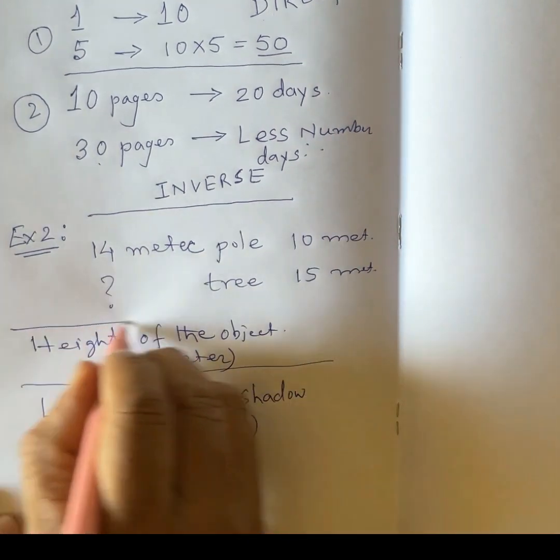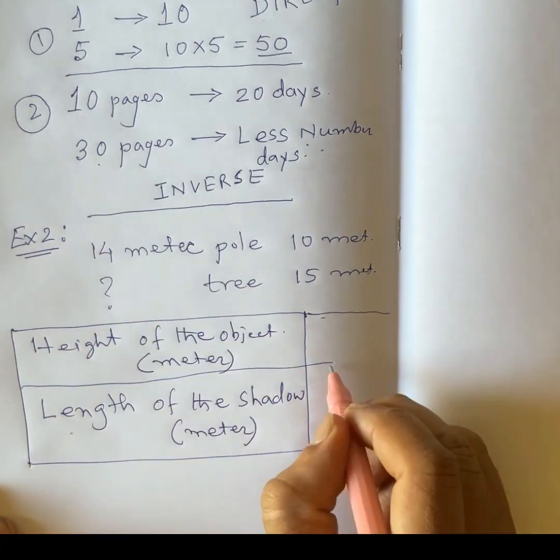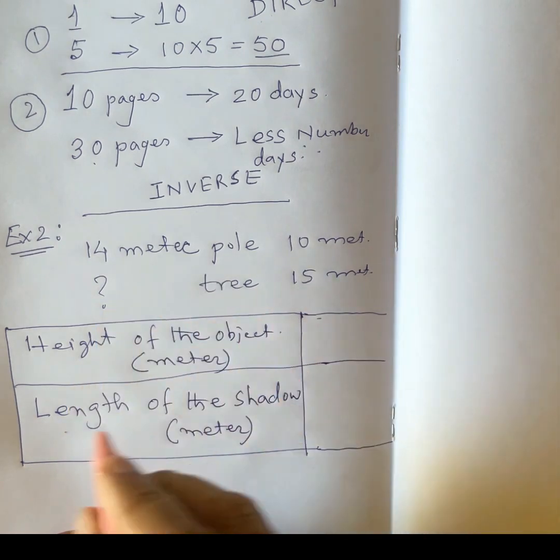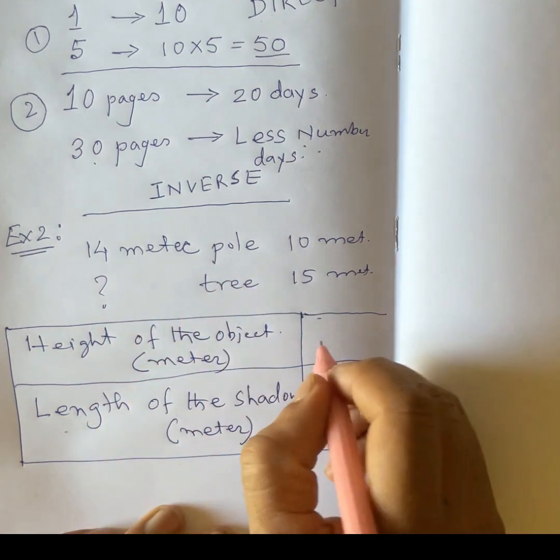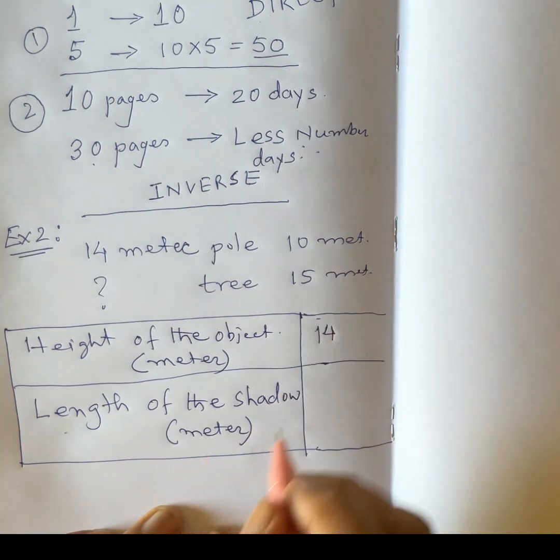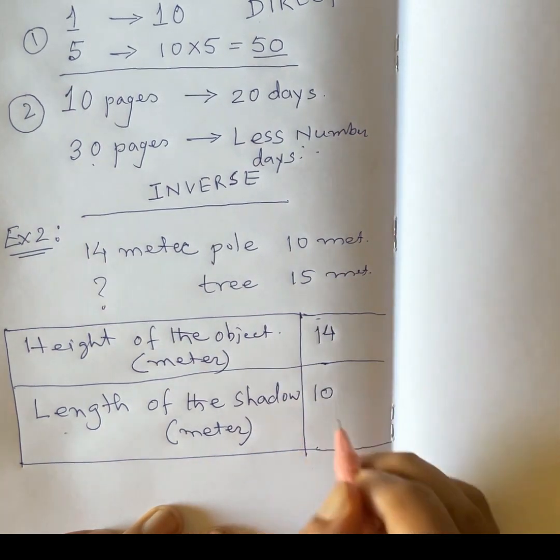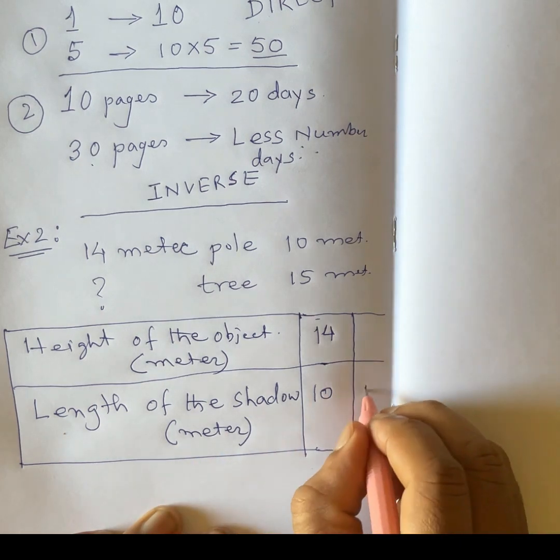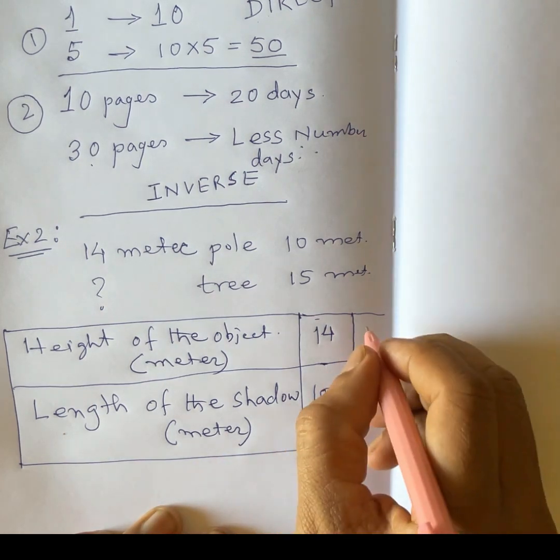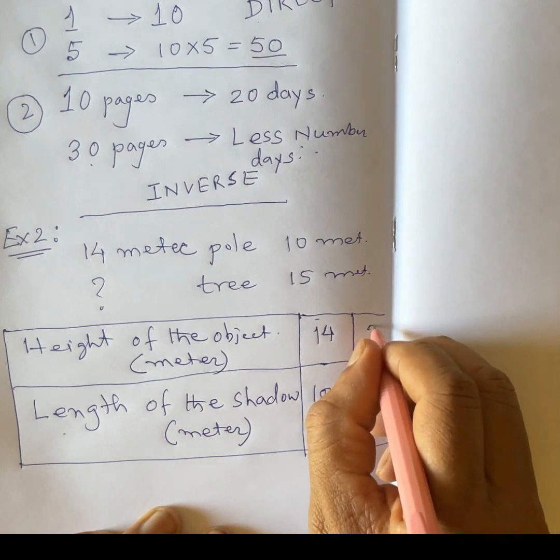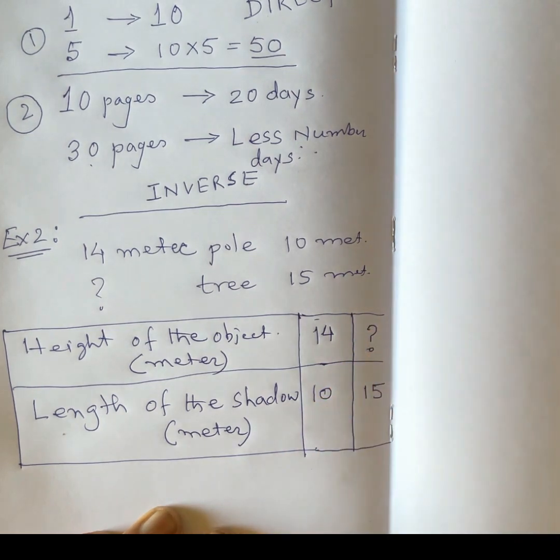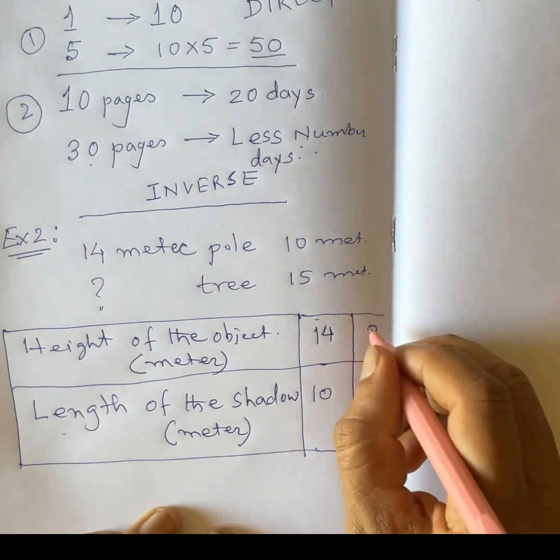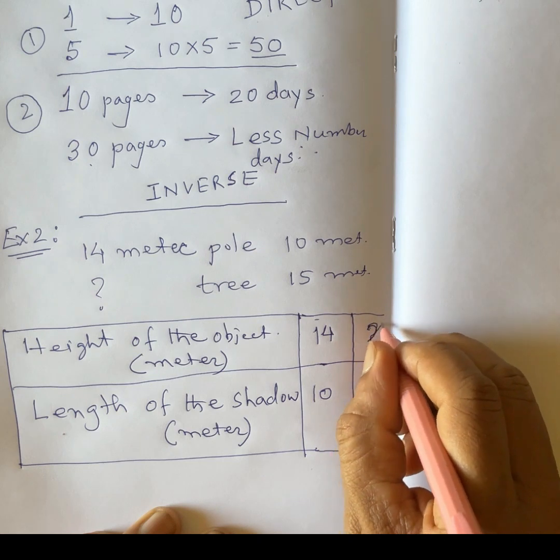Make a table like this, and put the given values in it. The first one is a 14 meter pole, so the height of the object is 14 meters and the shadow is 10. For the second one, the shadow is 15, and the height is the question mark. Instead of a question mark you can write x here.